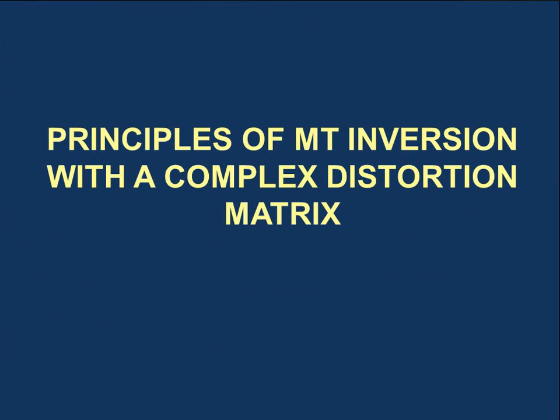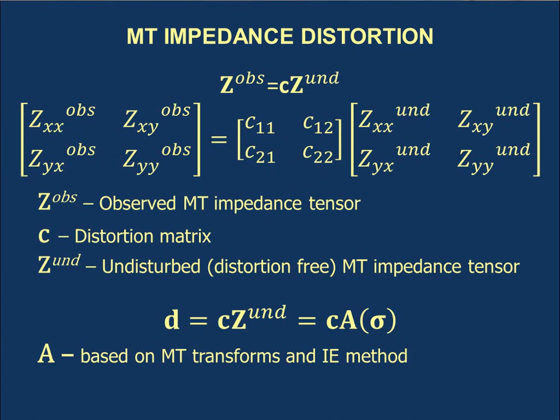So let's look at the principles of our MT inversion, our new method. The MT data, as we all know, is the MT impedance. We have 4 components of the MT impedance. So this is our observed data.